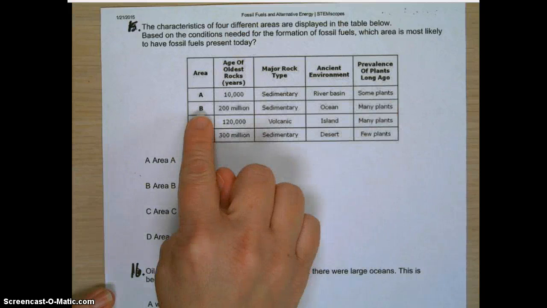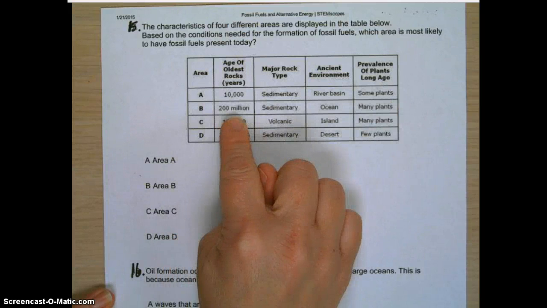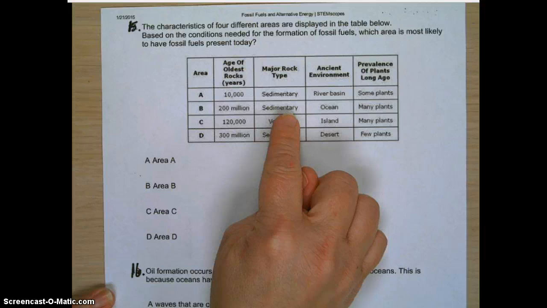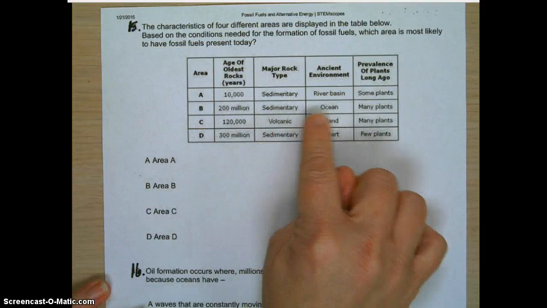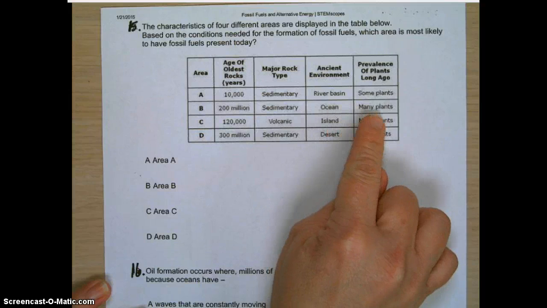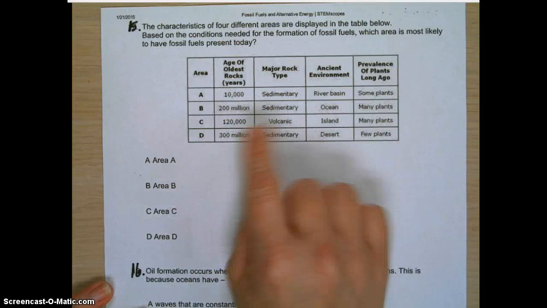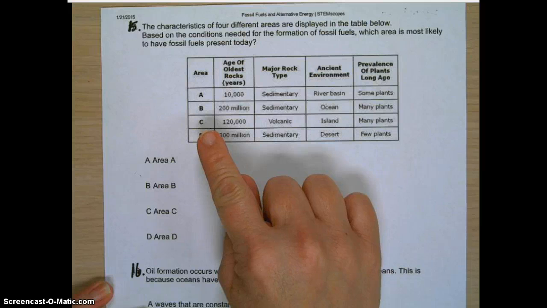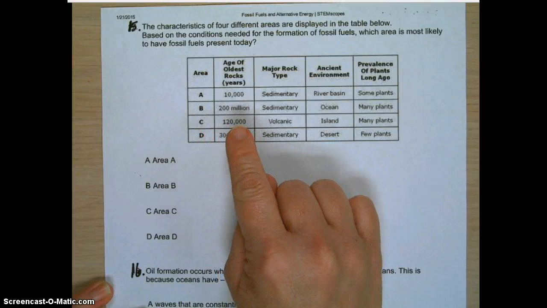Area B, 200 million years ago. That's the age of the oldest rocks. Major rock type is sedimentary. The ancient environment was ocean, and long ago there were many plants. Area C, age of the oldest rock is 120,000 years old.